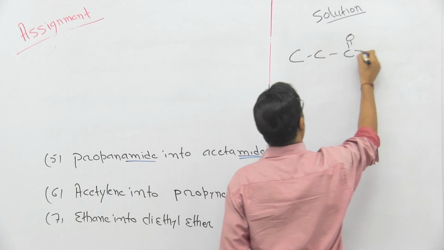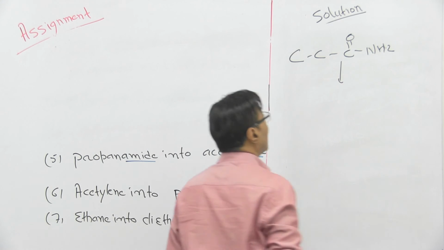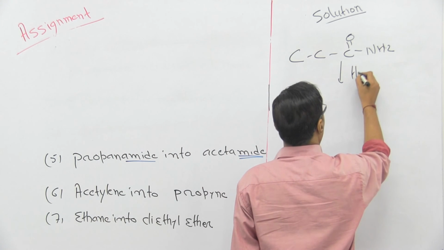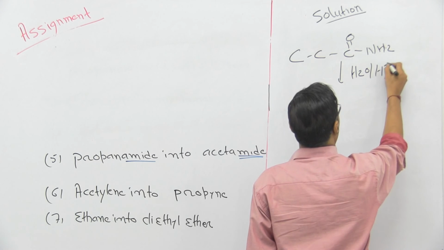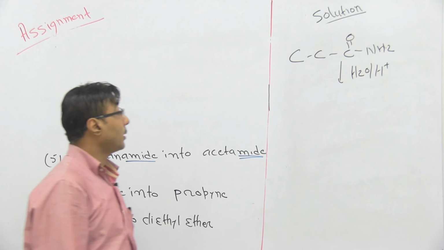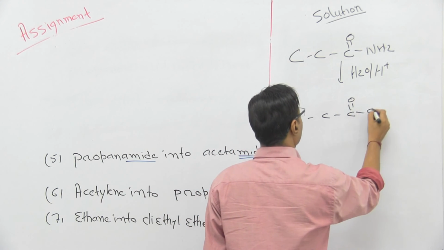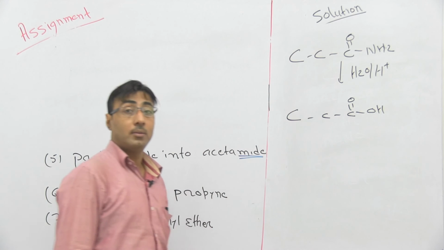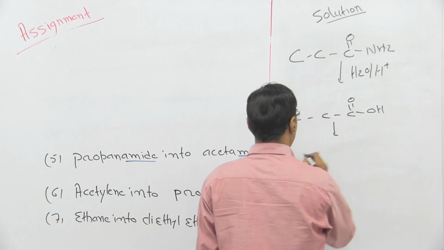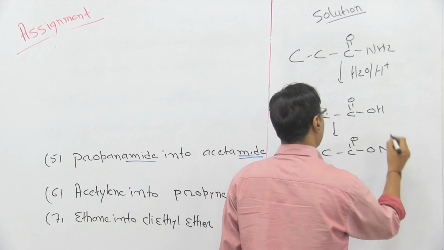C double bond ONH2. So hydrolyze this compound in presence of acidic medium. This will give C, C, C double bond O, single bond O, H. Then we can go for C, C, C double bond O, O, Na.